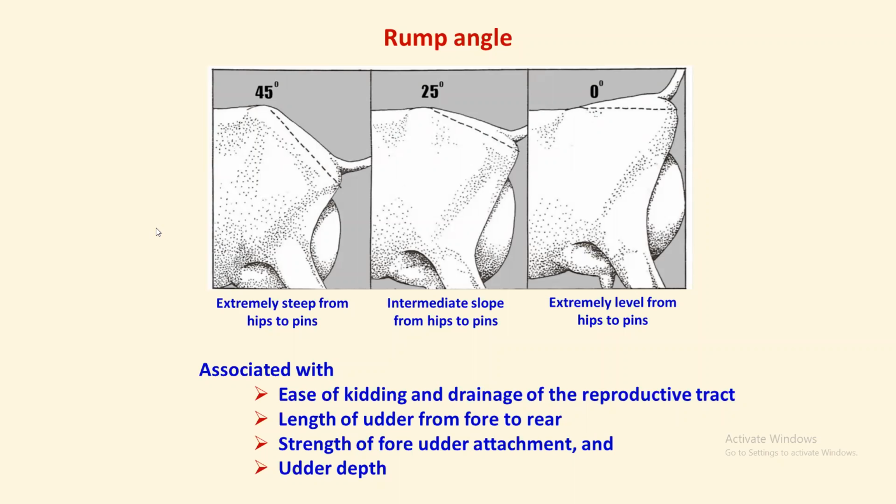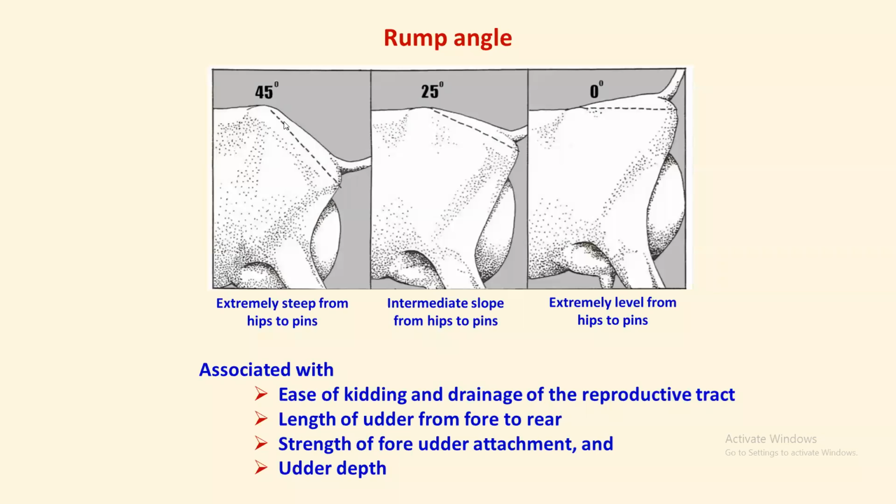Compare it with the first animal, which is forming a 45-degree rump angle. The animal which is forming a steep angle from the hips to pins is not recommended at all for dairiness.